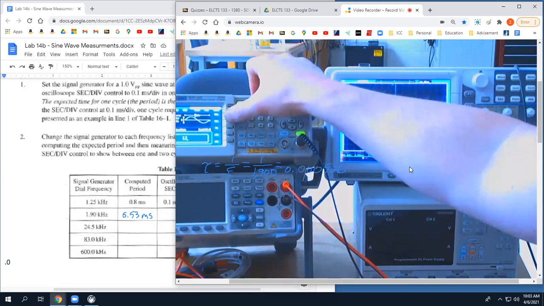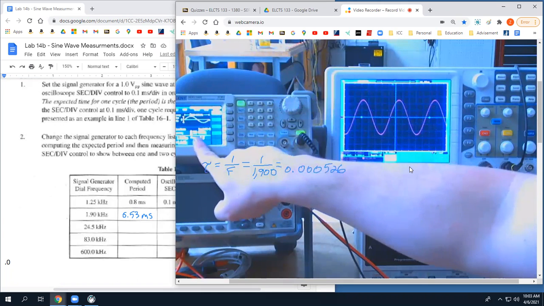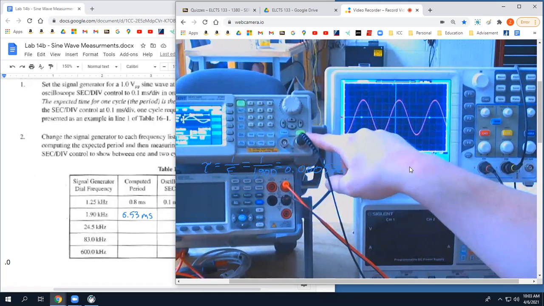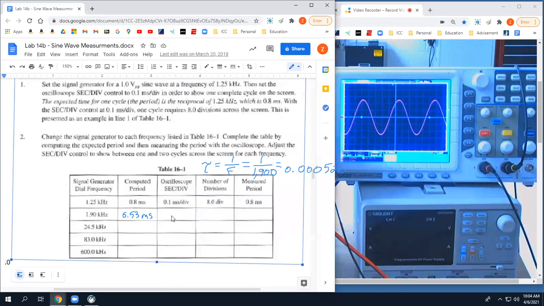So I'm at 1.9000 kilohertz. And my output is still on. One volt peak to peak.